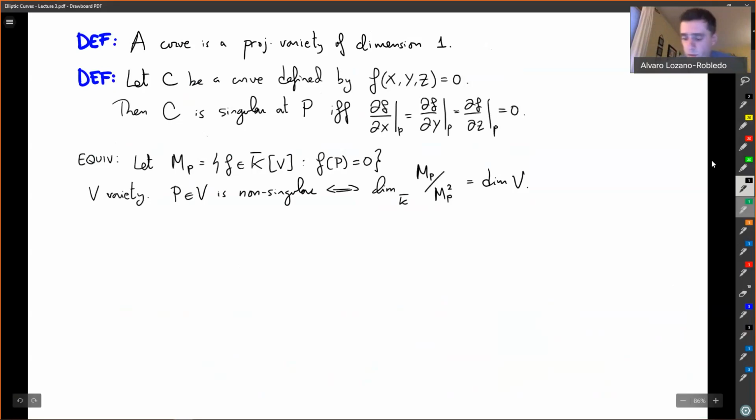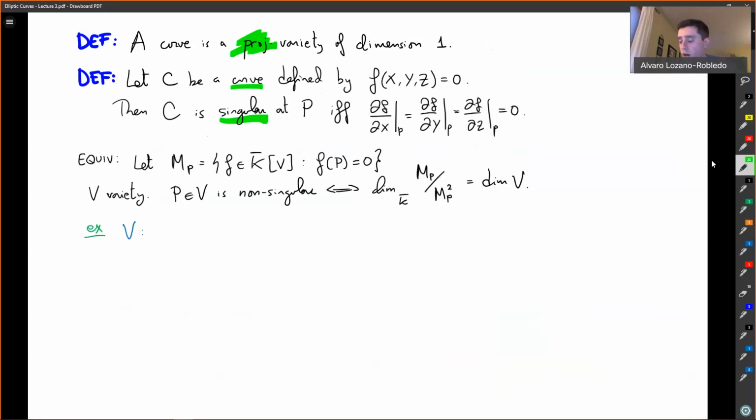Let's do an example. What can we do? Let's look at our favorite curve, just to check that it is smooth. Notice, by the way, that the definition of a curve says projective, and that when we say singular or non-singular, it refers to curves, so in particular, it refers to curves as projective varieties.